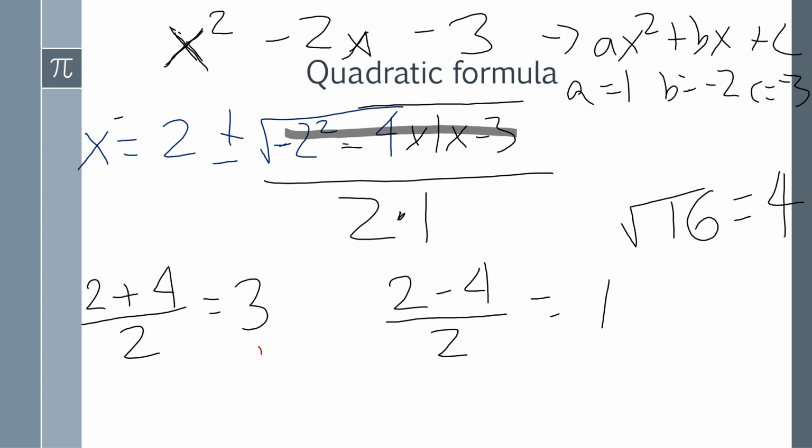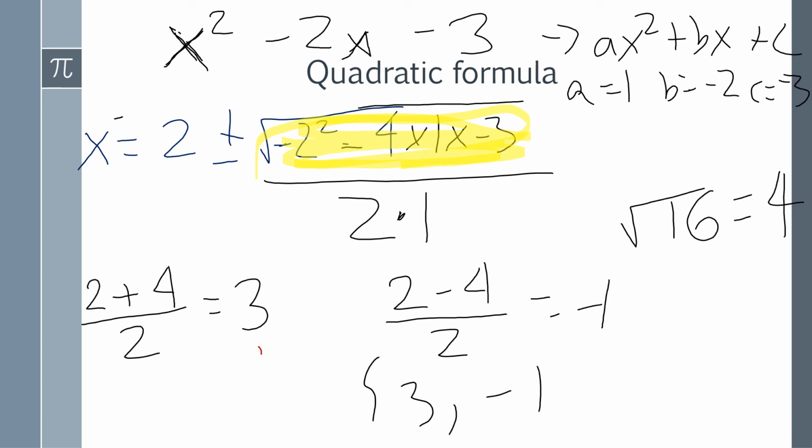So again, inside this square root, if it would have been 0 or a negative number, then you would have either one solution or imaginary numbers, because there's no such thing as a negative square root.